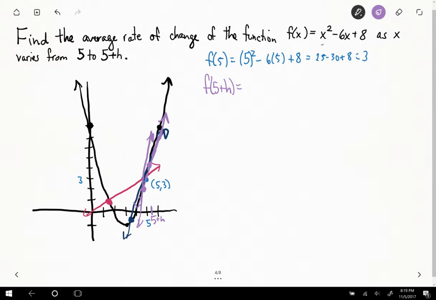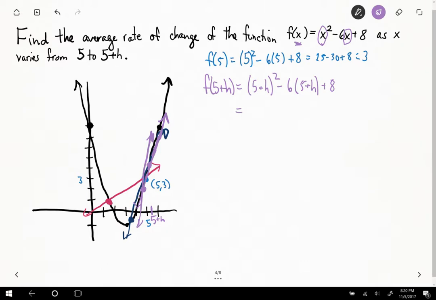Now we're going to replace this x with 5 plus h, and then this x with 5 plus h, and see what happens. So we get 5 plus h, the quantity squared, minus 6 times the quantity 5 plus h, and then plus 8. And this gives us a point that we're going to be working with.